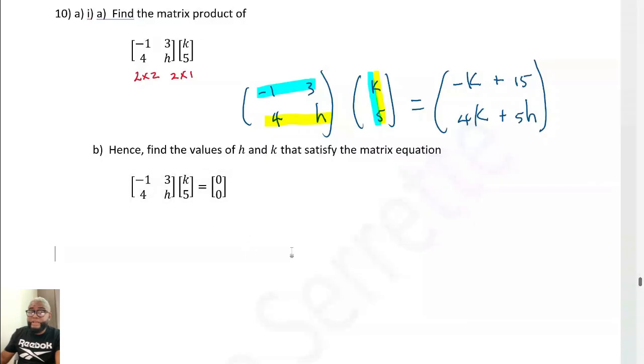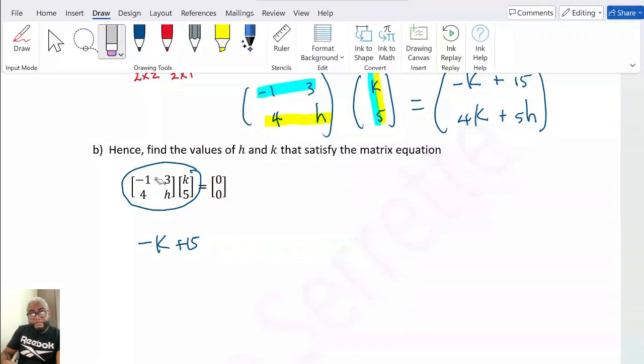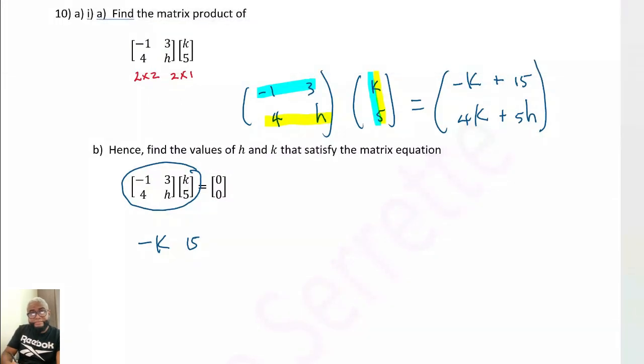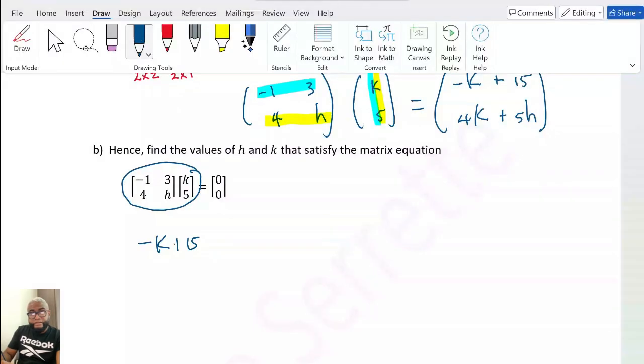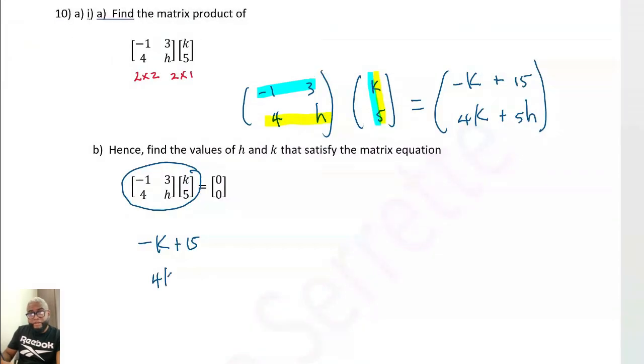What did we calculate this to be? -k plus 15, excellent. And what is underneath? 4k plus 5h. And they are saying, I'm going to put this in the brackets, this is equal to 0, 0.